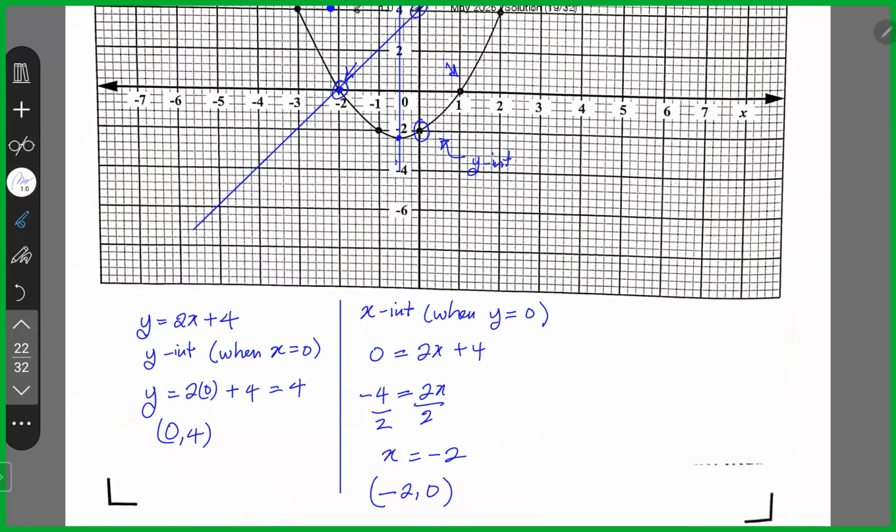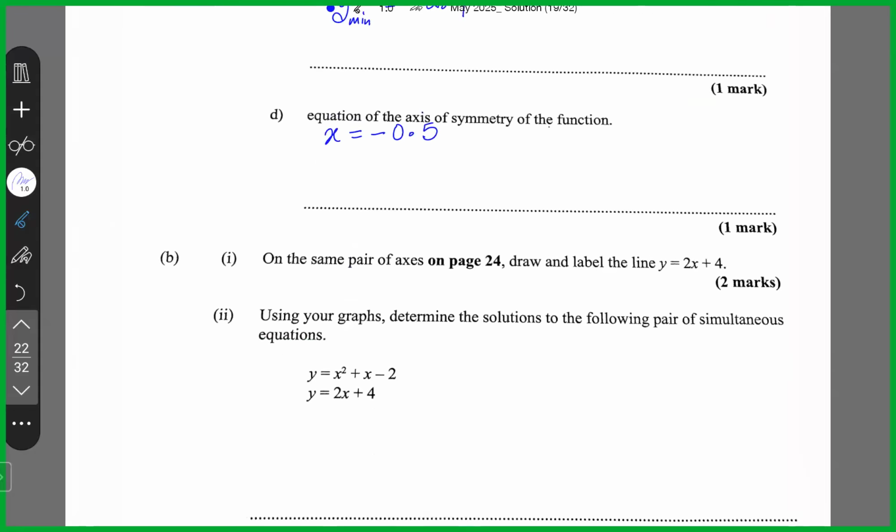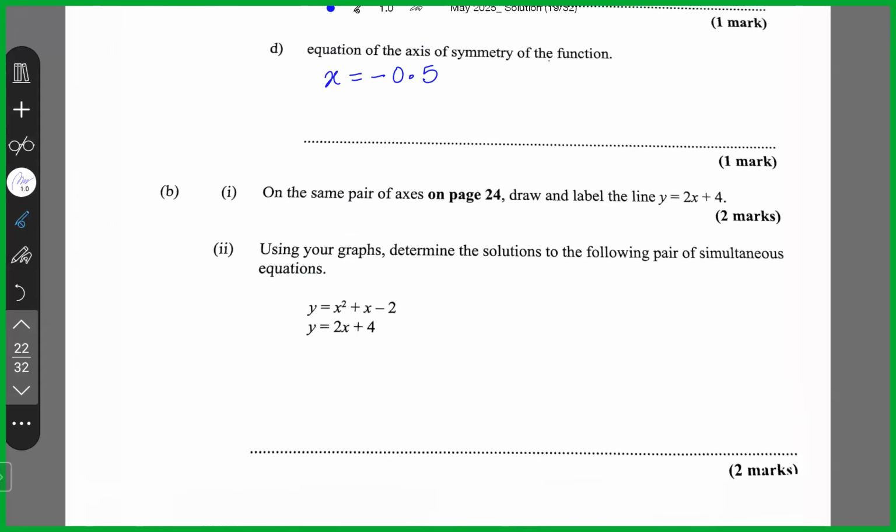Next, using your graph, determine the solutions of the following pair of simultaneous equations. To use a graph to solve simultaneous equations, you must draw the graph of the two equations, and the solutions are the values of x and y where the two graphs meet.